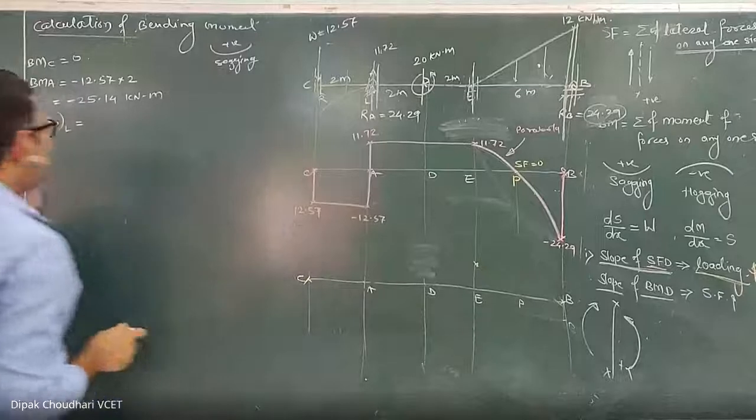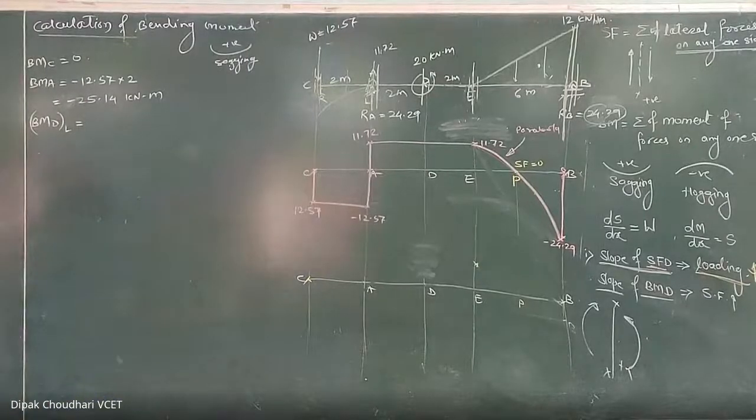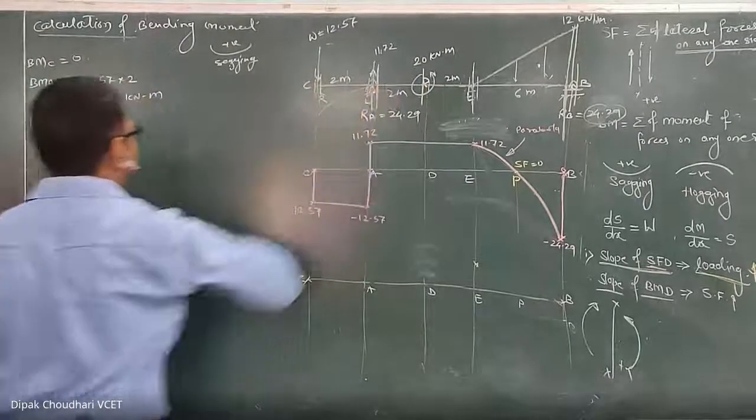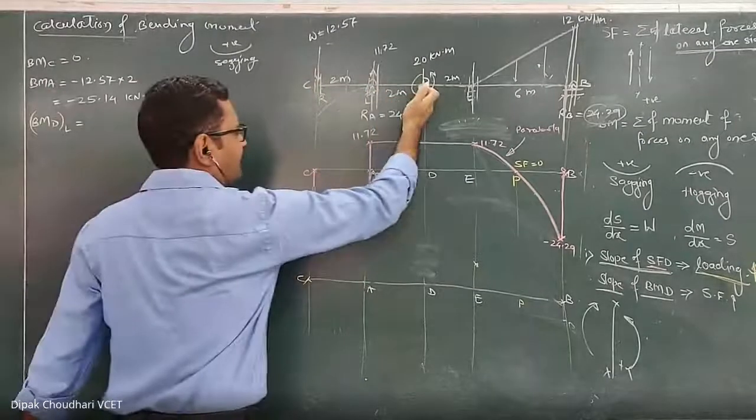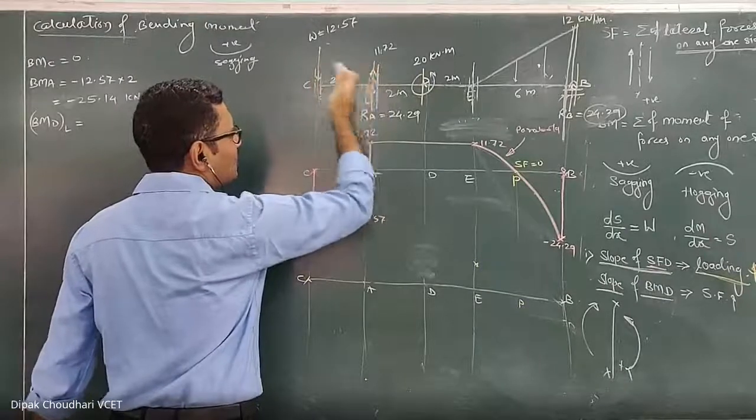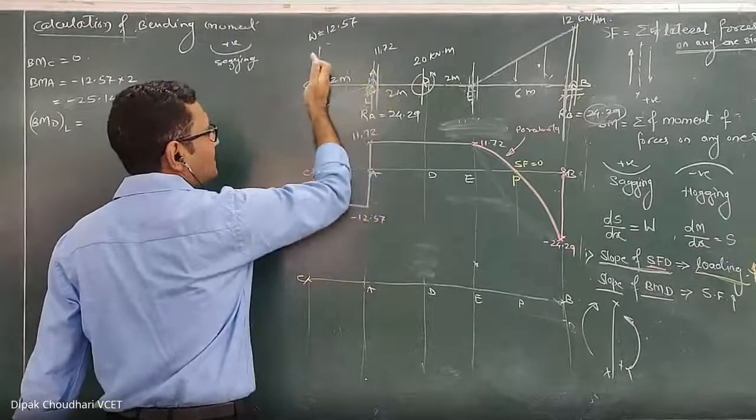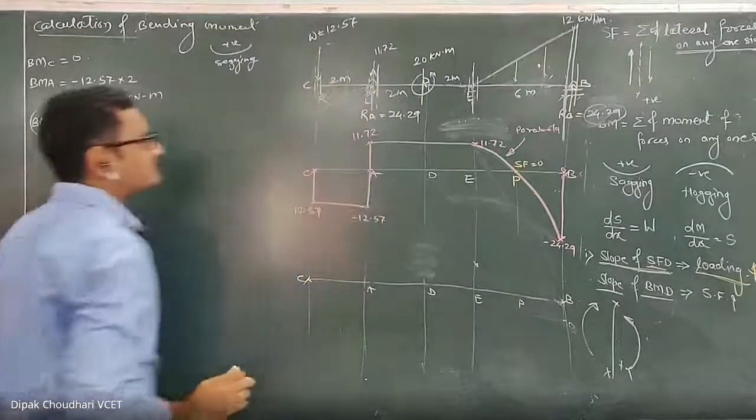Now to calculate the bending moment at point D, assuming the section on the left side, you have to decide which side's forces to take. I'm going to take the forces on the left-hand side. If I consider the left-hand side of this section, there are only two forces. So I have to consider the summation of the moment of those two forces only.